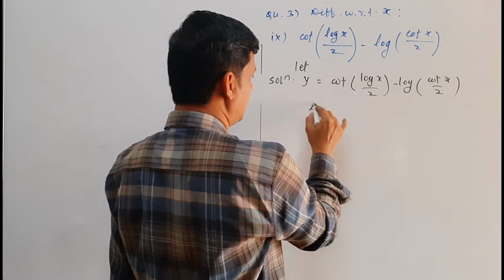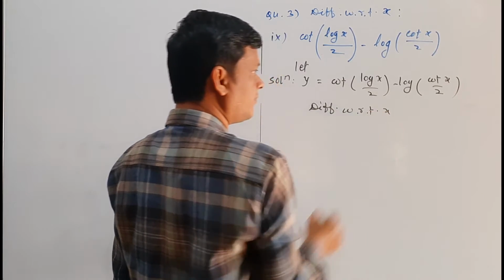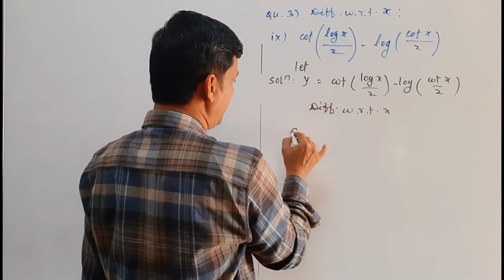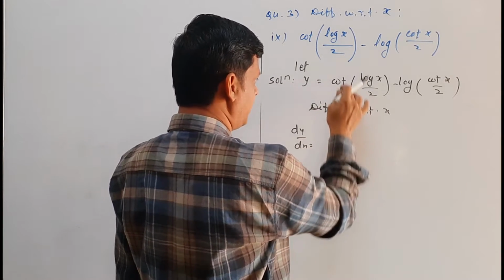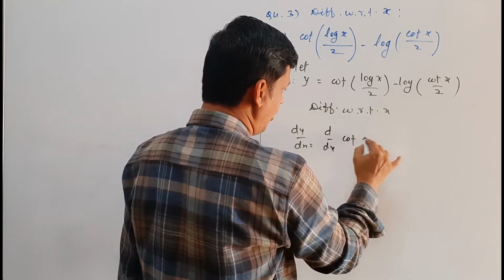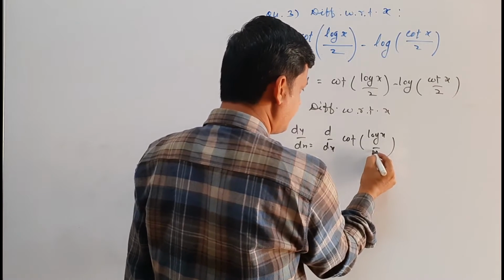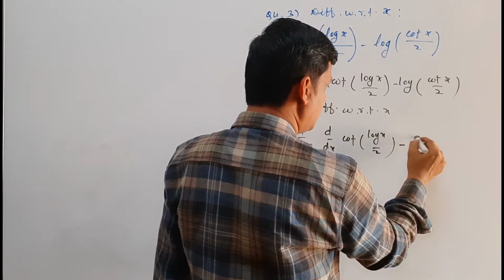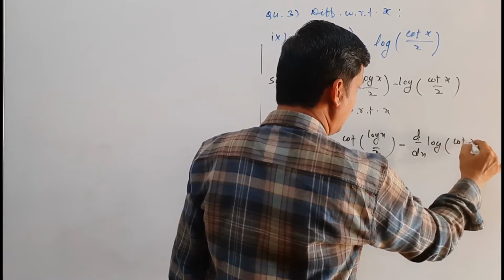So we differentiate with respect to x. Now derivative of y, we write dy by dx is equal to the derivative of the first function, that is d by dx of cot of log x upon 2, minus d by dx of log of cot x by 2.